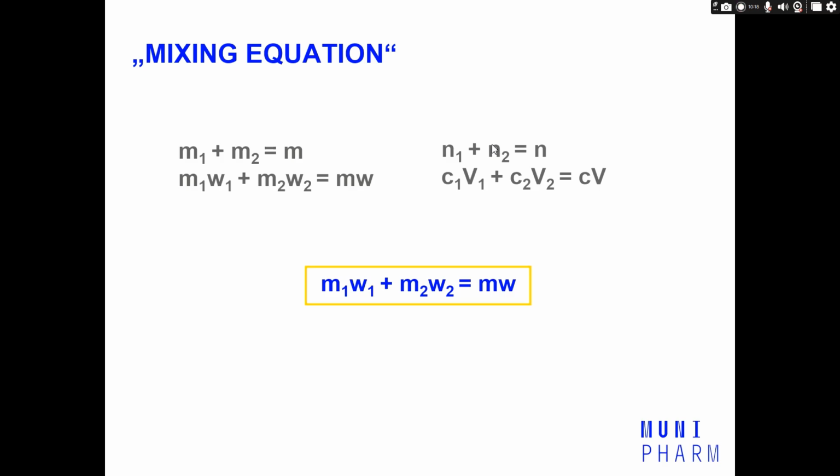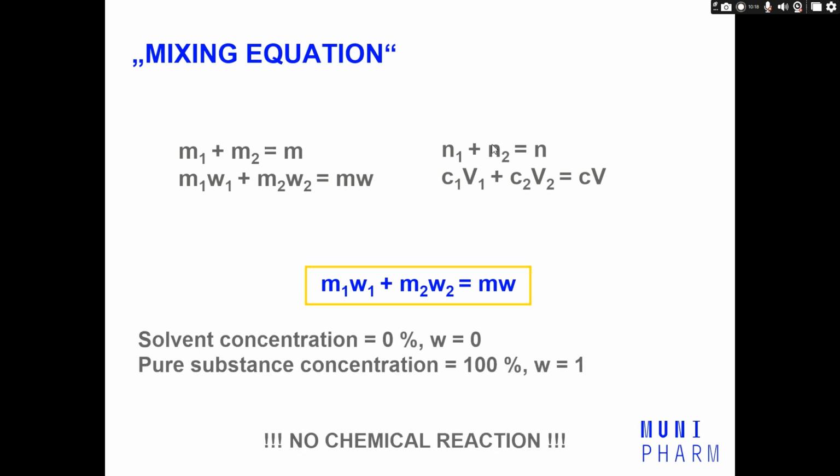Since the mass of the pure compound can also be written as the mass of the whole solution multiplied by the mass fraction, and since we usually know, or it is easier to determine, the mass of the whole solution rather than just the mass of the dissolved component, the equation is most often used in the form you can see in the blue.